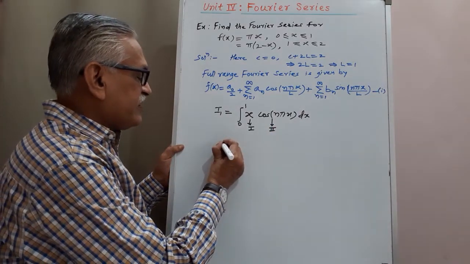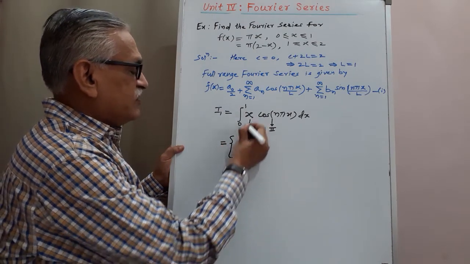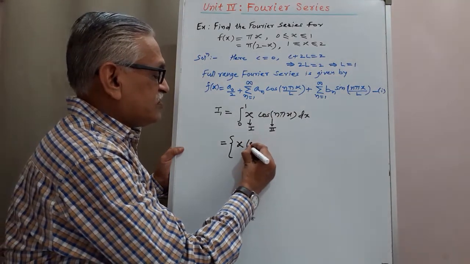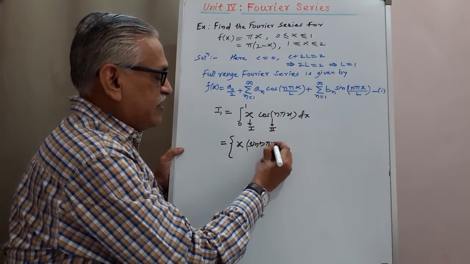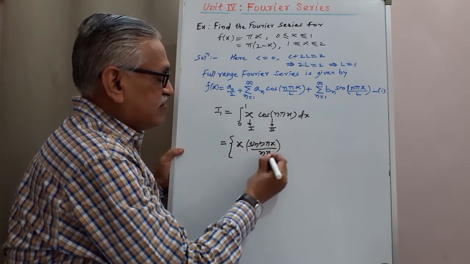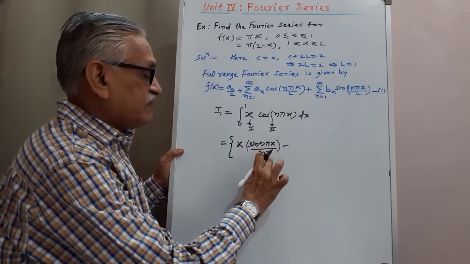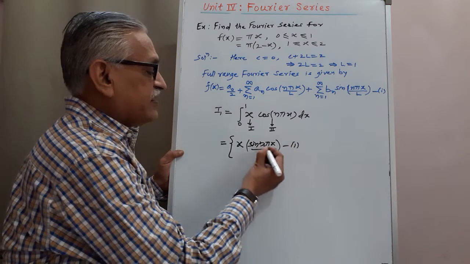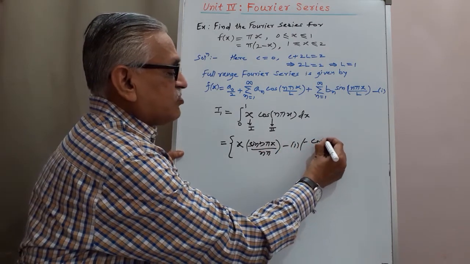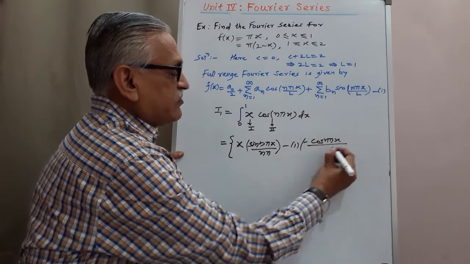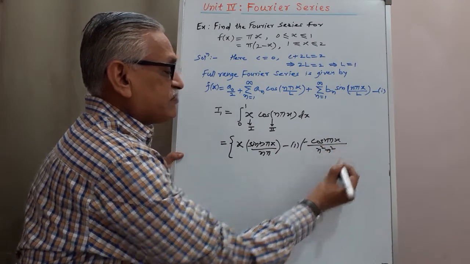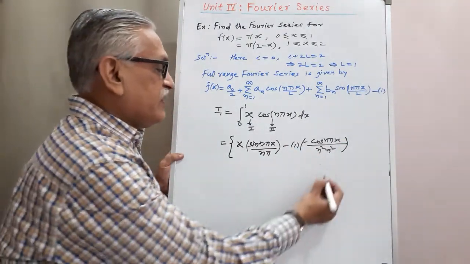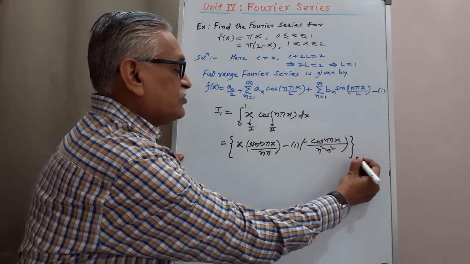Applying integration by generalized parts: first term x, integration of cos is sin n pi x by n pi, then minus derivative of x, 1, integration of sin, minus cos n pi x divided by n square pi square. Next derivative is 0, the derivative of that constant term, and therefore we stop here, and limits are from 0 to 1.